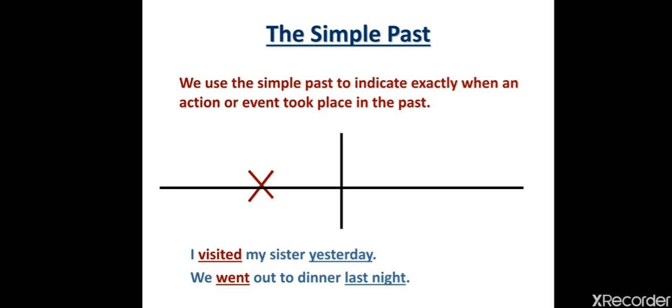I visited my sister yesterday. Yesterday is the time factor. We went out to dinner last night. The action that took place in the past with the time factor we express using simple past.